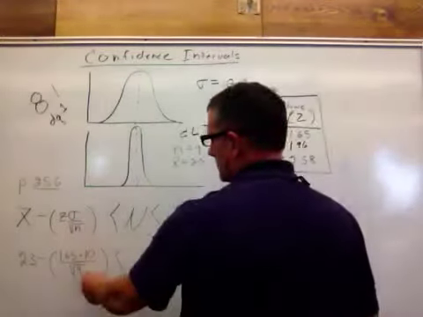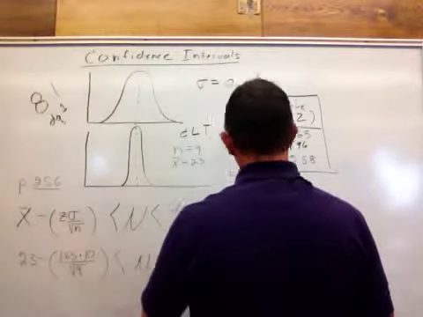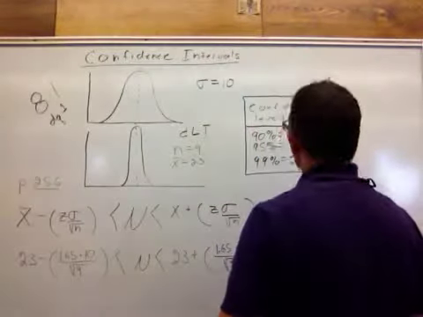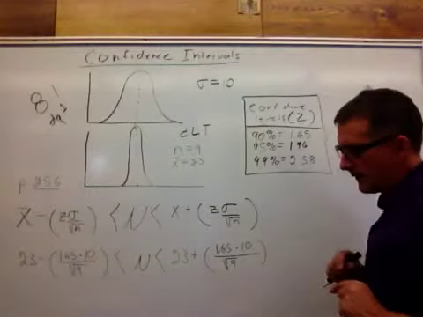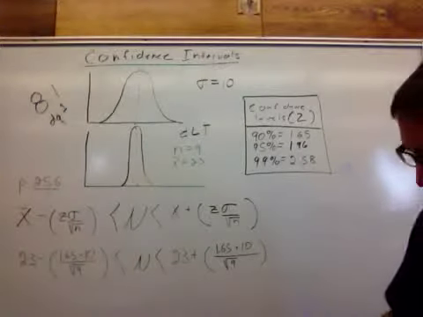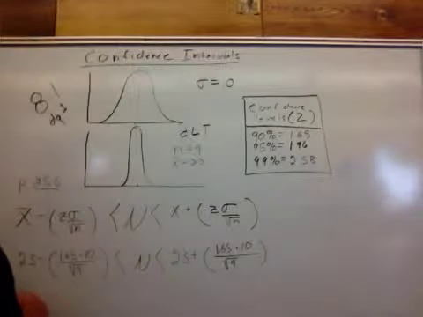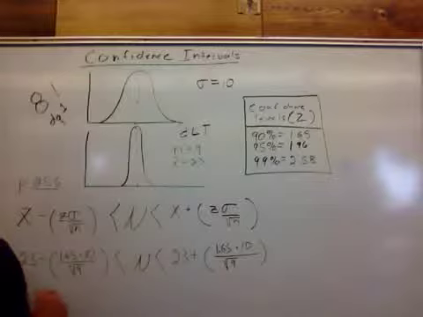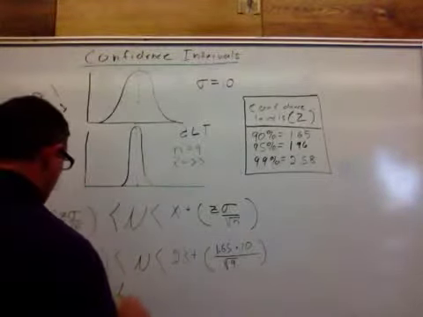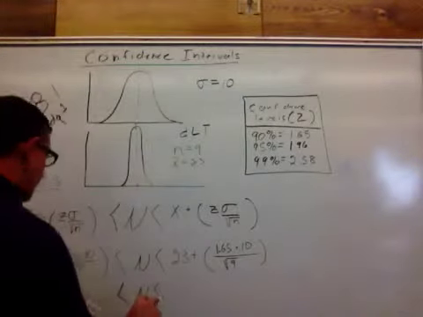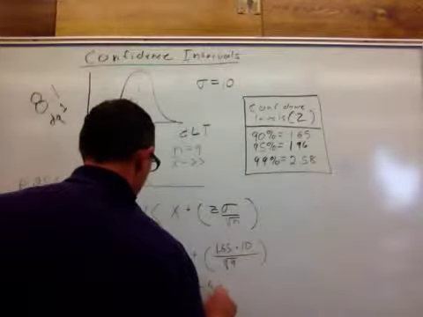Okay, in here goes the sample size, 9. Here is the z value for a 90% confidence interval, and 10 is the population standard deviation. Now, when I work this out, this quantity becomes 23 minus 5.5 is less than the mean, which is less than 23 plus 5.5.